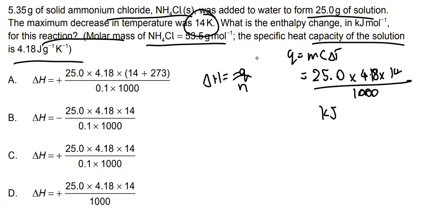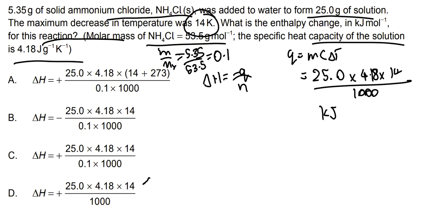Then we have to divide by the moles, which is going to be mass over molar mass, which is 5.35 over 53.5, which is 0.1. So the answer is going to be this one.